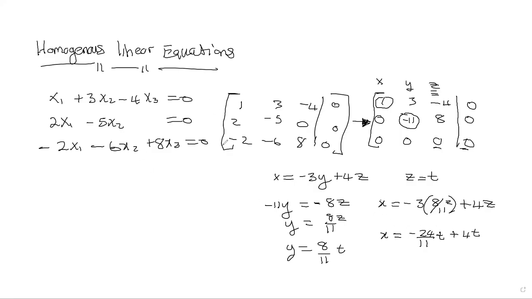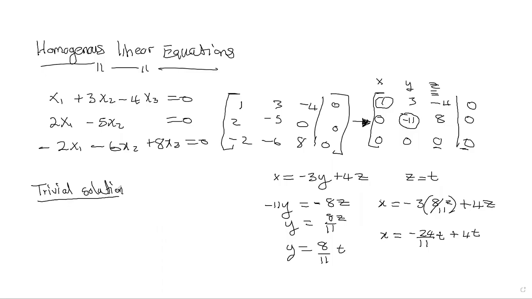The thing about a homogeneous equation is that you will always have a solution. In this case there are infinitely many solutions, but there's always a solution when it comes to a homogeneous equation, and it's called the trivial solution.